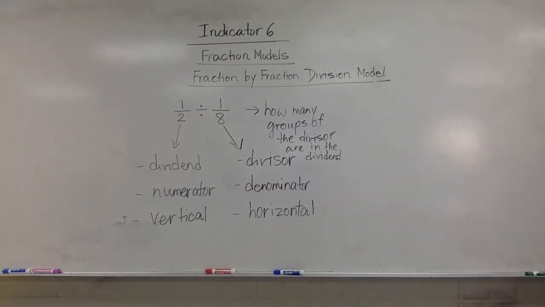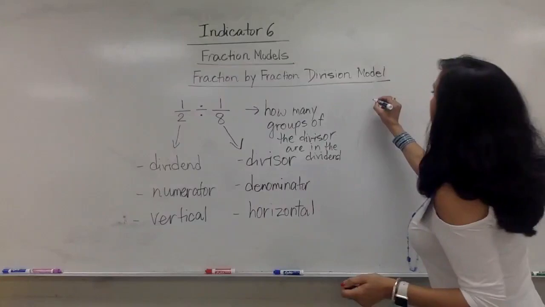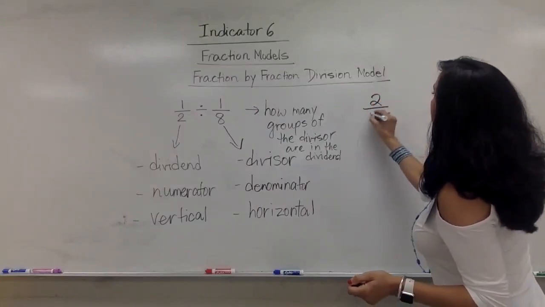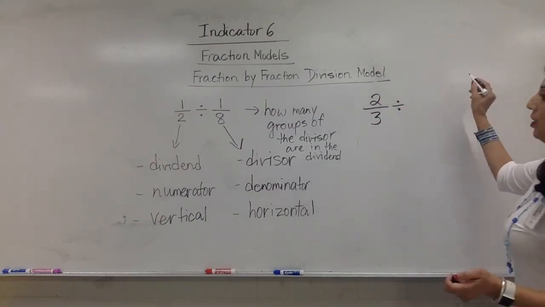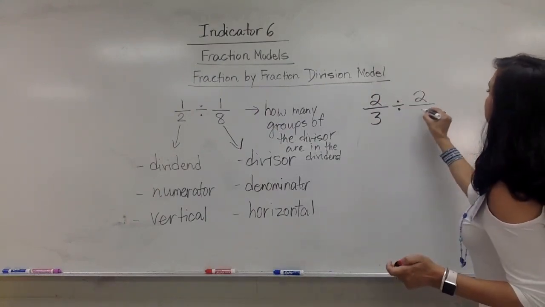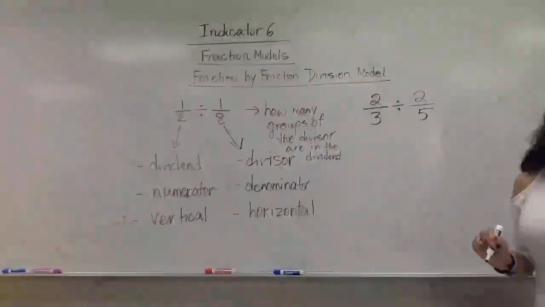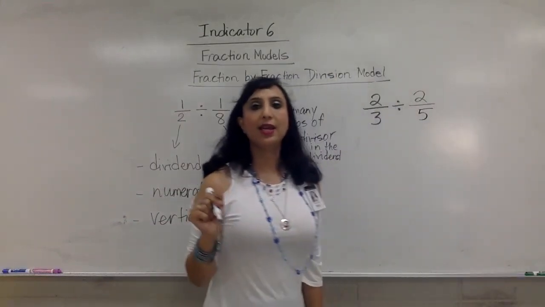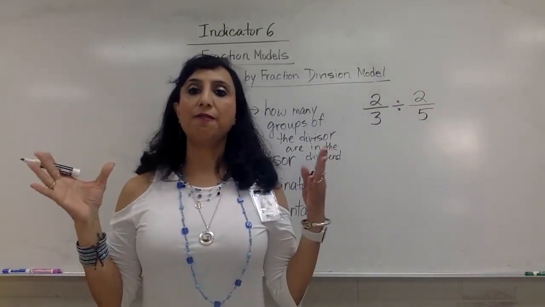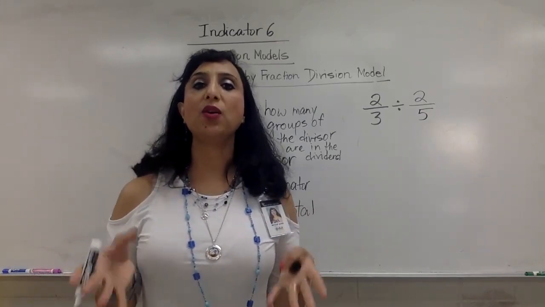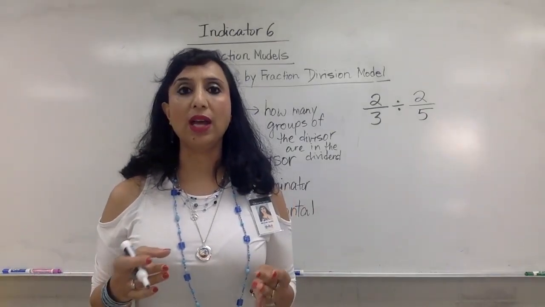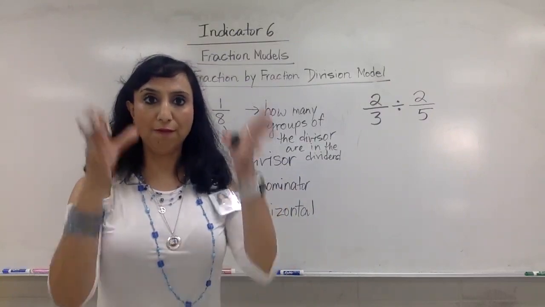So let's do 2/3 divided by 2/5. All right. So once again, I look at the first fraction that is my dividend or my numerator. And so I know that I have to draw that model vertically.